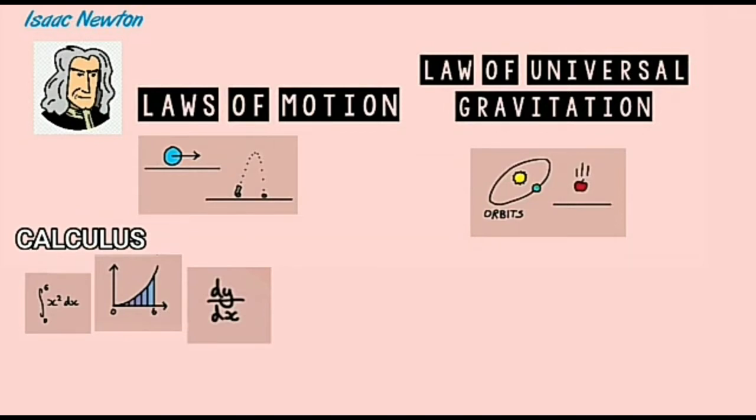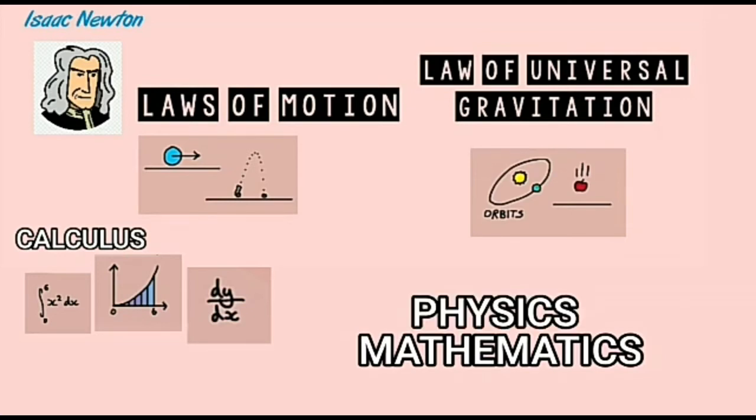Calculus is really part of mathematics, but physics and mathematics are inseparable. Math is the language of physics. You can imagine it like the bedrock that the world of physics is built from. Newton also made strides in the field of optics, which is the physics of light and how it travels through different materials.